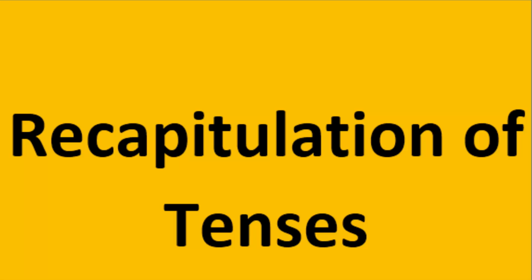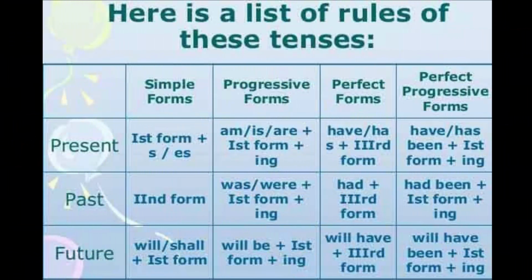Here is a list of rules of these tenses which we have already gone through in probably video number 2, 3, 4 or 5. You can see here, as we discussed, that there are three main tenses: present, past and future.